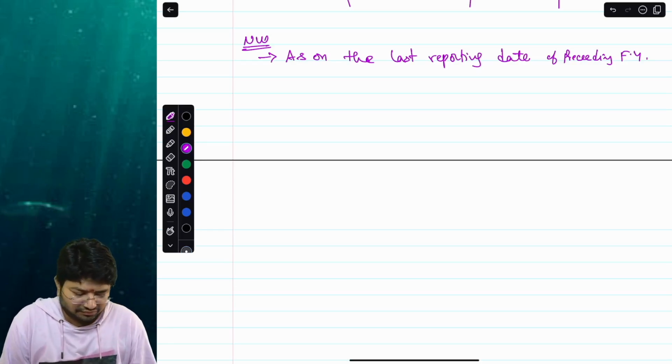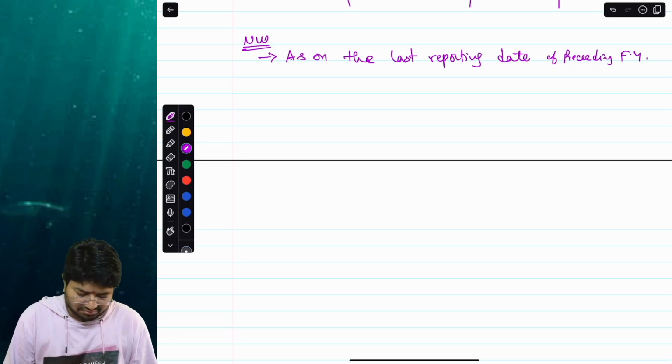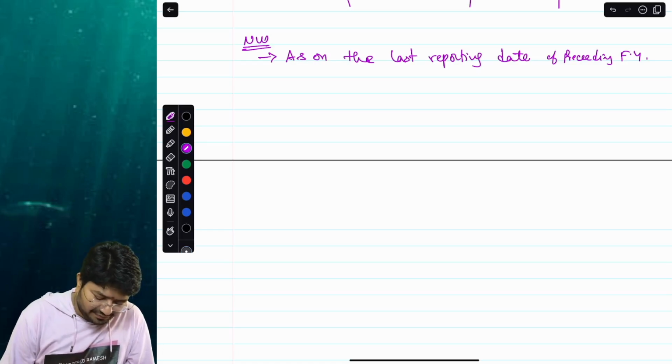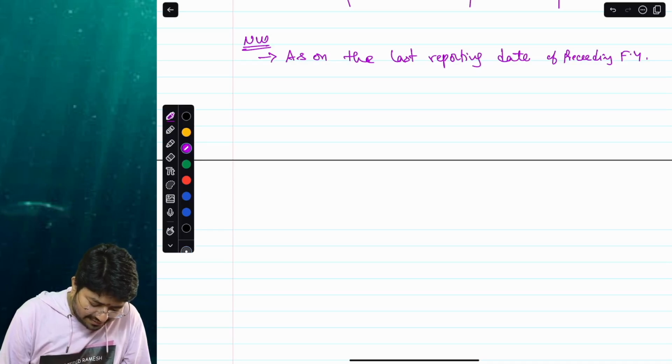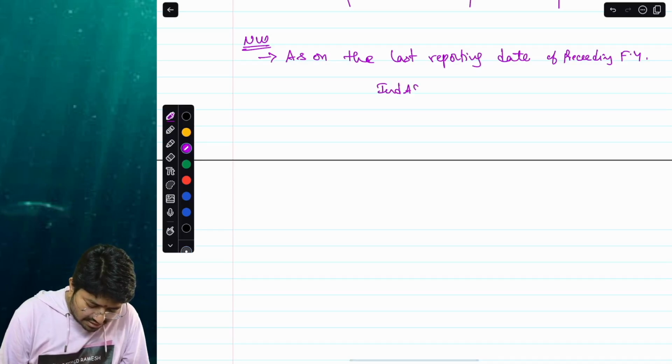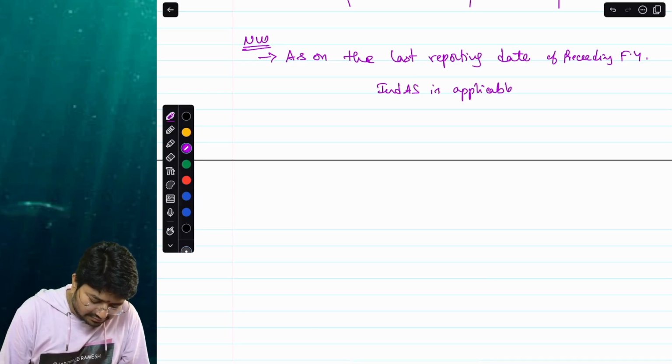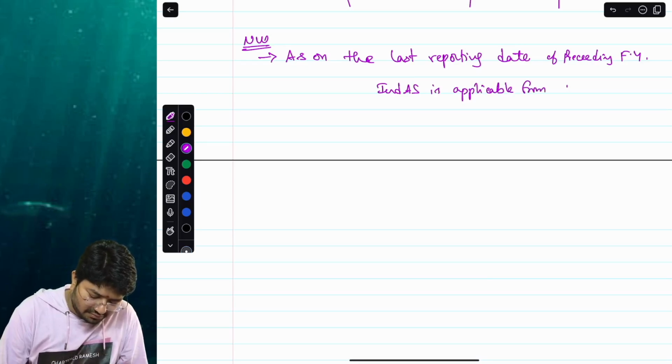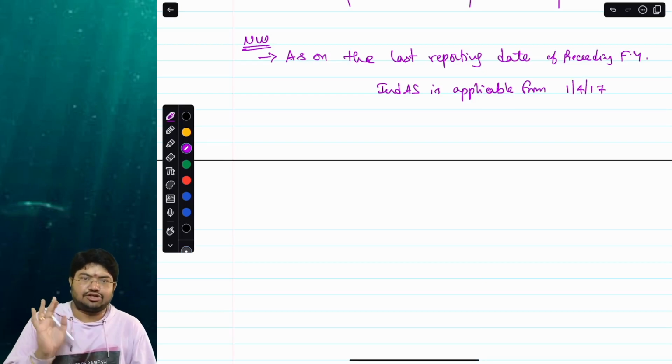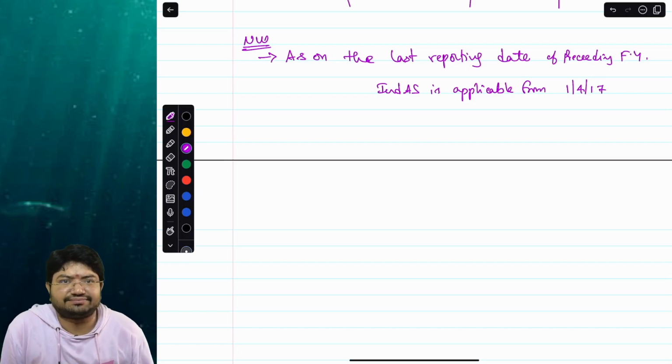Preceding financial year. What does this mean? It means that, say, for my entity, Ind AS is applicable from 1/4/2017. Just assume that it is applicable from 1/4/2017.